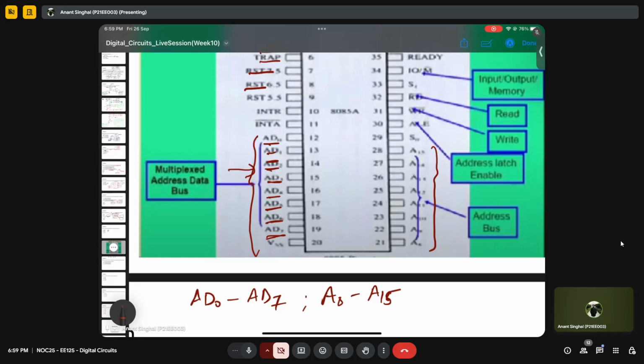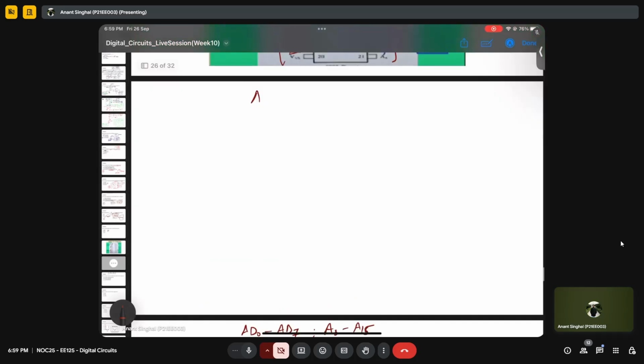Okay, wait, I think I've written it here. Yeah, we have AD0 to AD7, and then A8 to A15. This is the whole set of address lines, or you can write it as a 16-bit address.